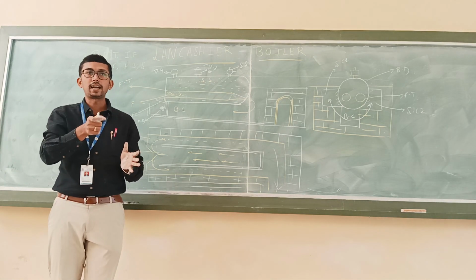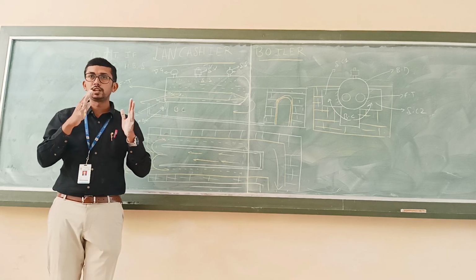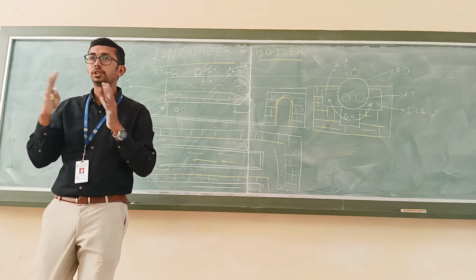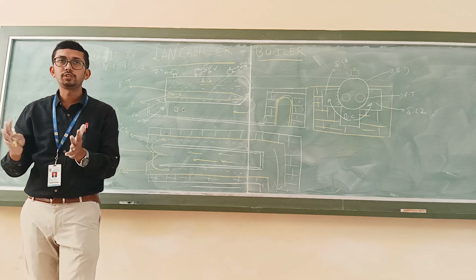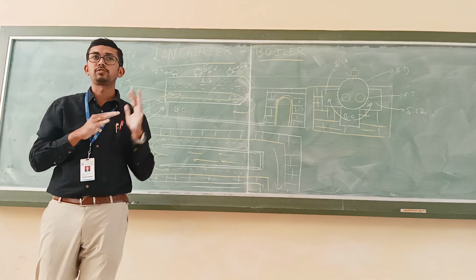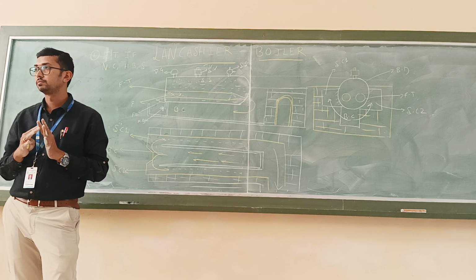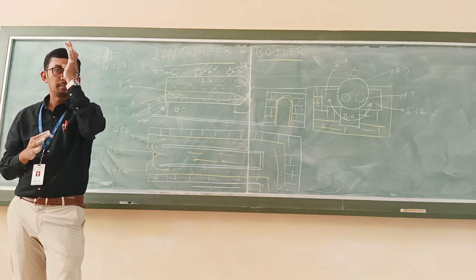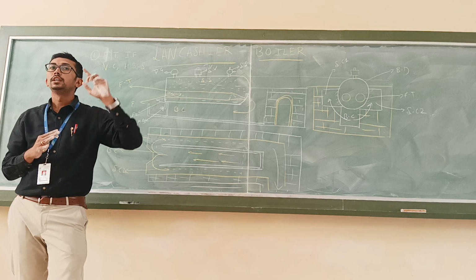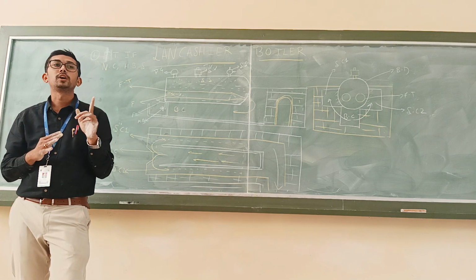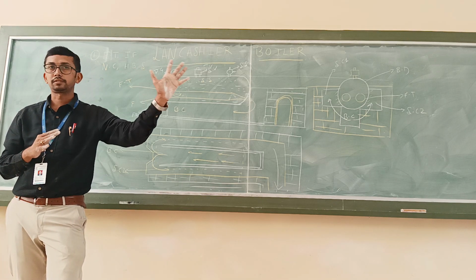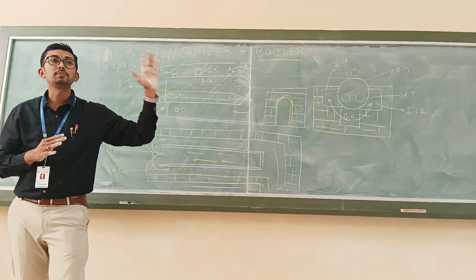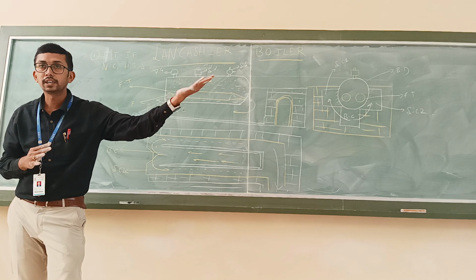In the previous class we studied the Babcock and Wilcox boiler, and today we have studied the Lancashire boiler. What is the major difference that you can observe from the previous one to this one? The major difference is that the Babcock and Wilcox boiler has a superheater. Have you observed? There the wet steam is converted into superheated steam.